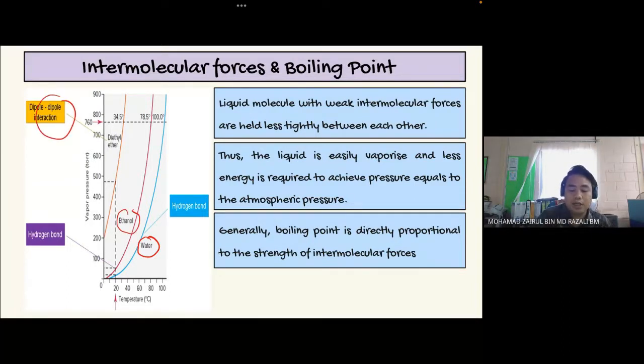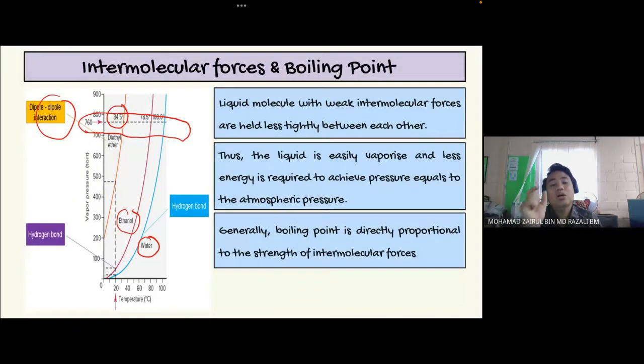If we measure the boiling point at atmospheric pressure, diethyl ether will boil at only 34.5 degrees Celsius. That is because diethyl ether has dipole interaction, and dipole interaction is only a weak intermolecular force. With weak intermolecular forces, it is easy to boil it, easy to achieve pressure in the bubble equal to atmospheric pressure.